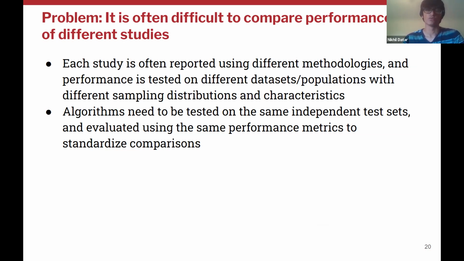And so we want an algorithm that's basically able to be tested in a consistent manner, be tested on the same data set to actually have a way of comparing models that have been developed using these different methodologies.